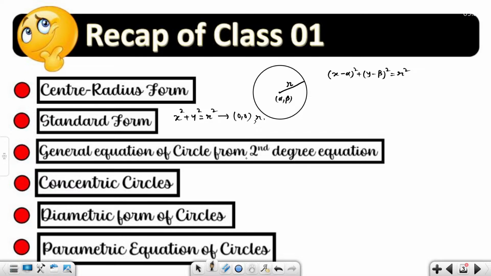Next, we are coming to the general equation of a circle from the second degree equation. We all know that a general second degree equation looks like this.